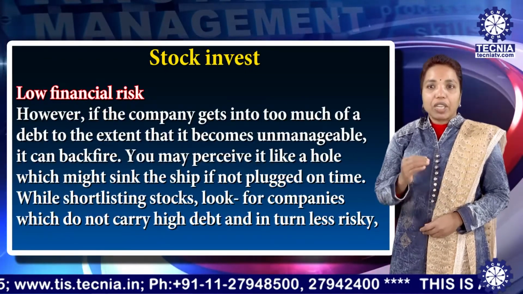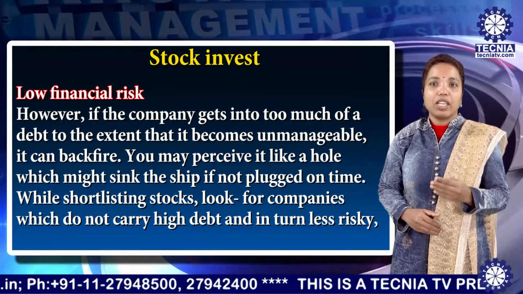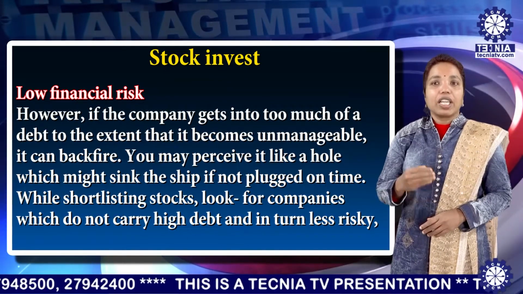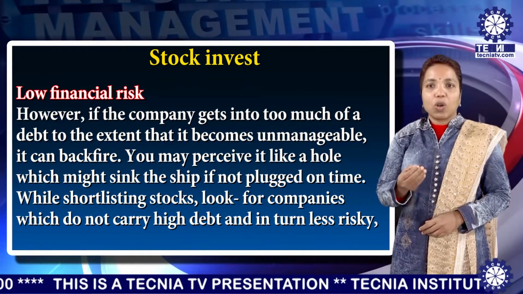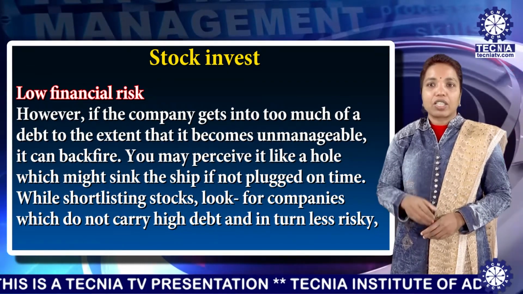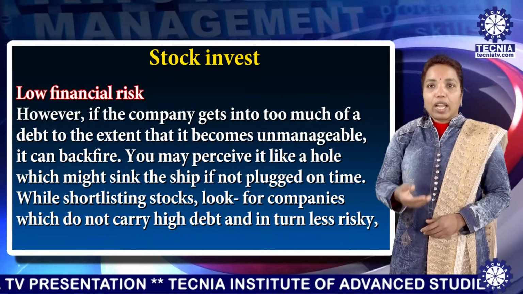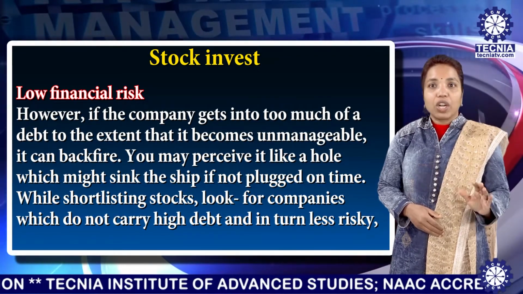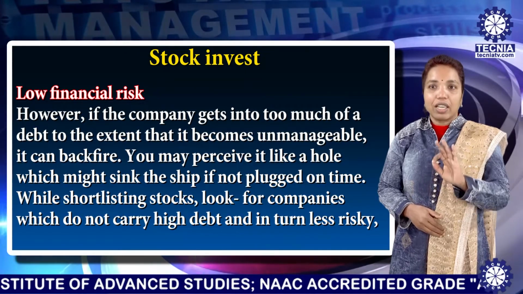However, if the company gets into too much debt, to the extent that it becomes unmanageable, it can backfire. You may perceive it like a hole which might sink the ship if not plugged on time. While shortlisting stocks, look for companies which do not carry high debt and in turn are less risky.